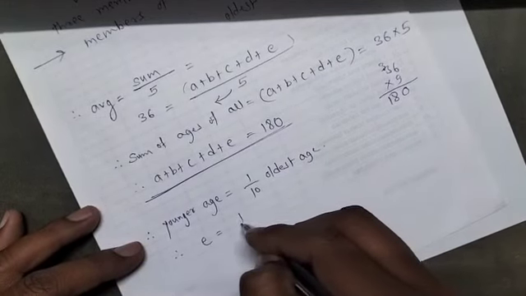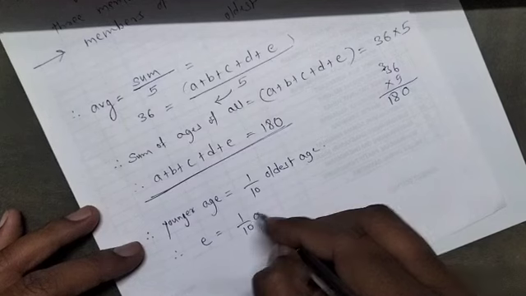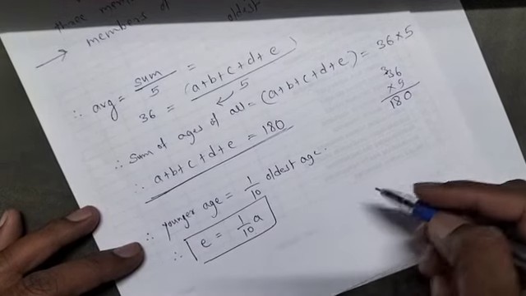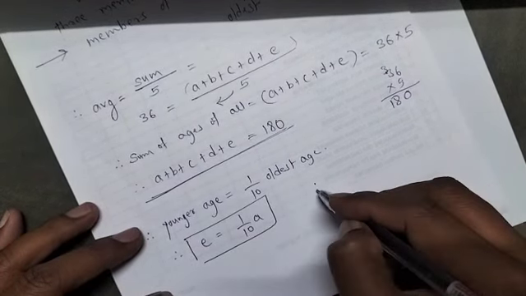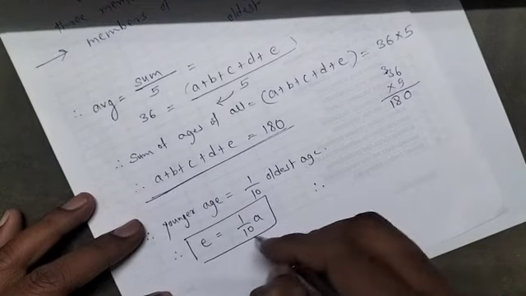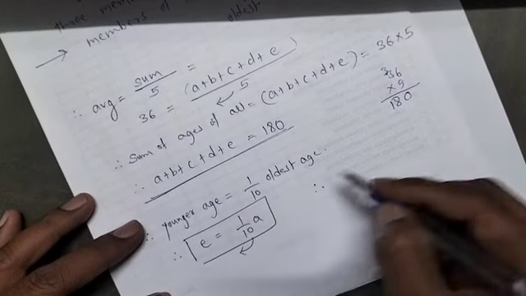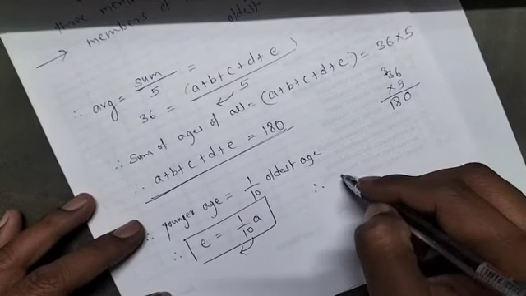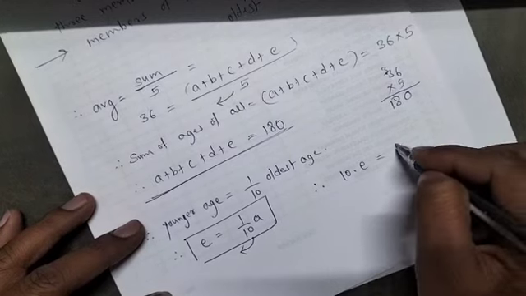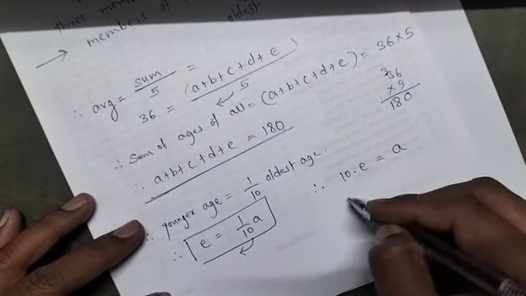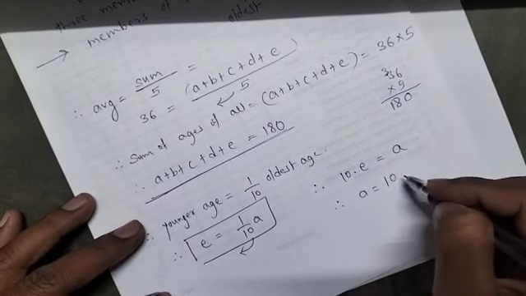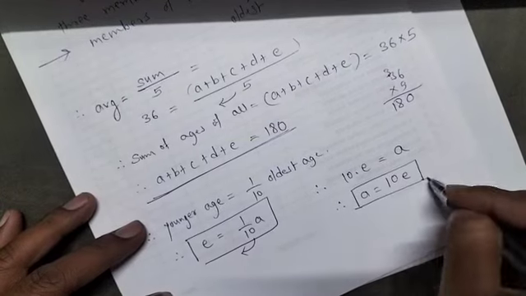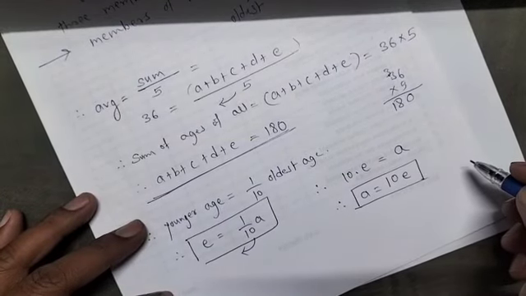So E is equal to 1/10 of A. By transferring the 10 to the left side, 10 into E is equal to A. So A is equal to 10E.